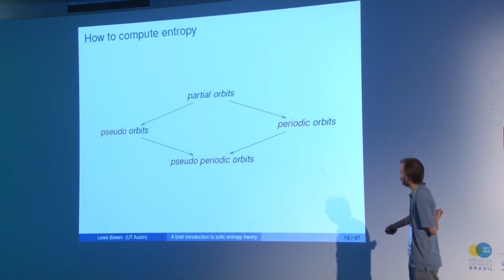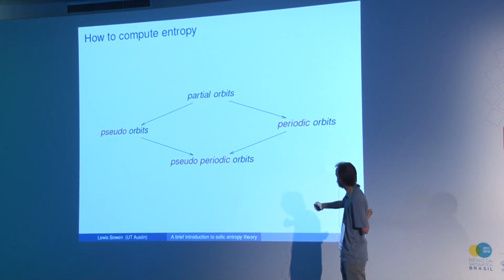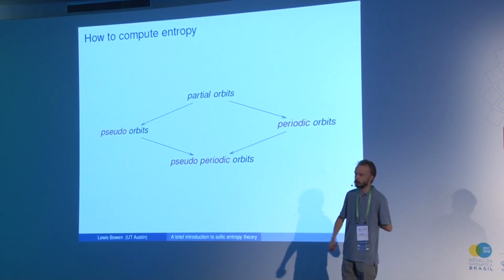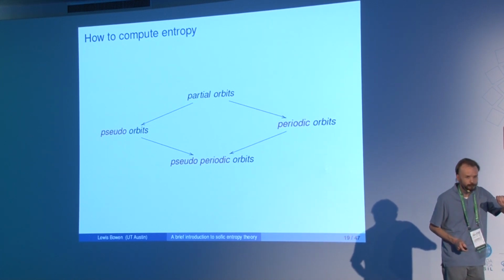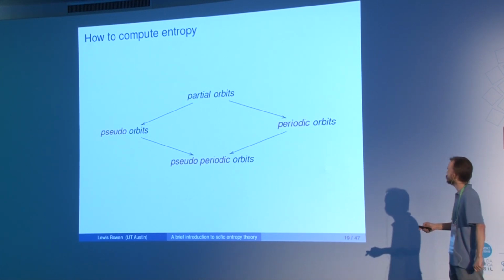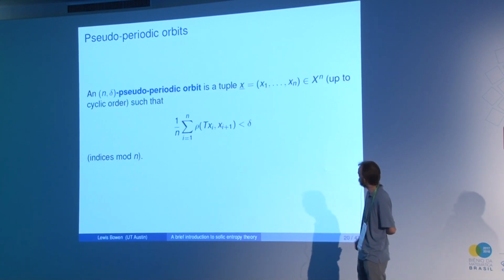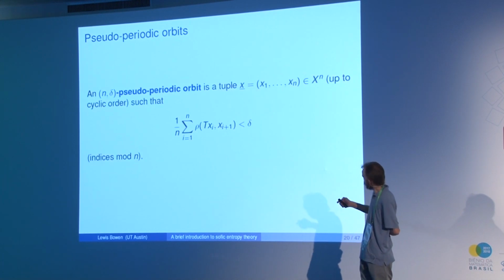But what we can do, we're thinking about pseudo-orbits and we're thinking about periodic orbits. We can look at pseudo-periodic orbits. So we just need to tweak the concept of a periodic orbit. So all it is, we have an n-tuple.